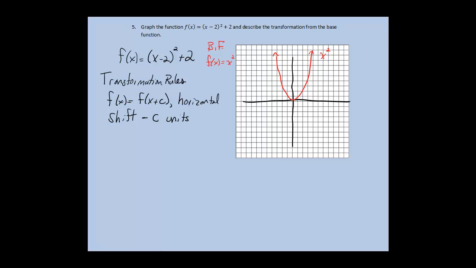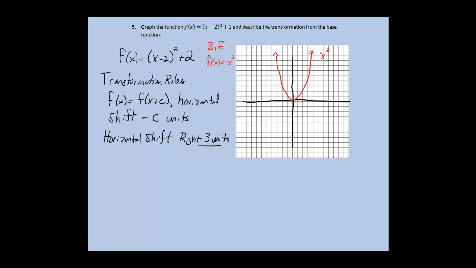So you're going to go opposite the value of c. So here we're going to have a horizontal shift right. We're going to have a horizontal shift to the right because we have a negative 2. The opposite of negative 2 is positive 2.